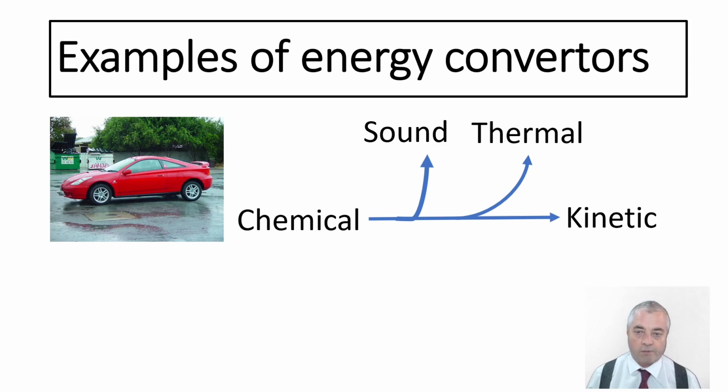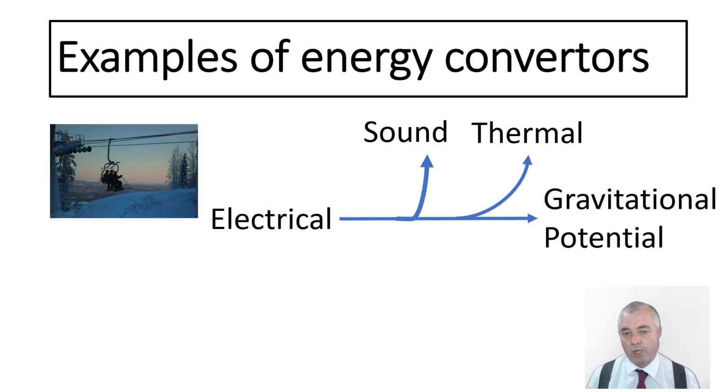Chemical energy is transferred into sound energy and thermal energy, which are wasted, and it's also transferred into kinetic energy. And a similar sort of thing happens in the ski lift as well. Electrical energy is transferred into gravitational potential energy, but some of it will be wasted as sound and some of it will be wasted as thermal.